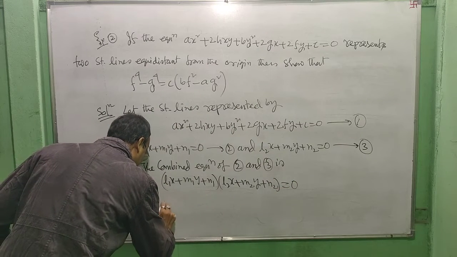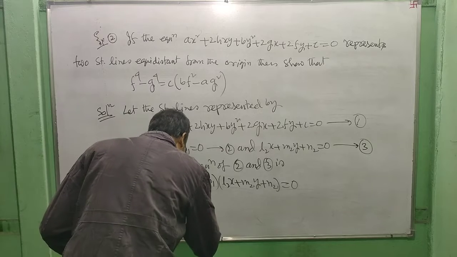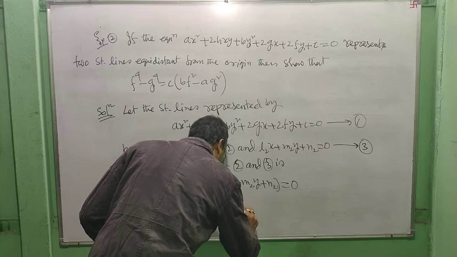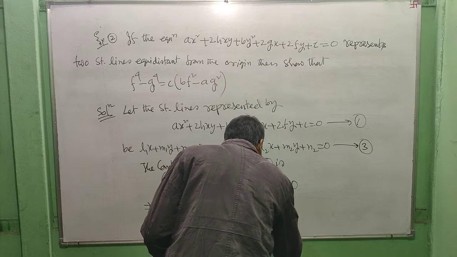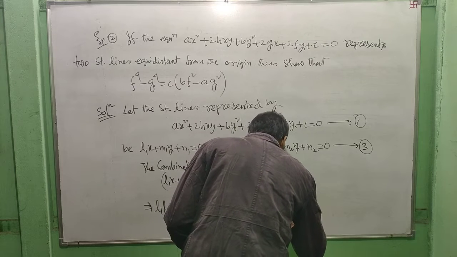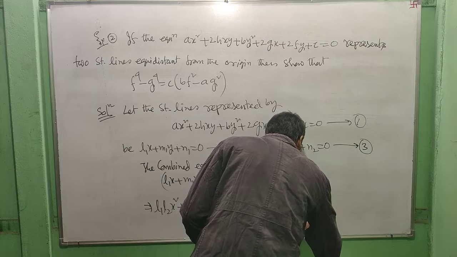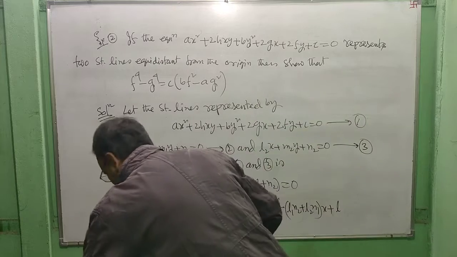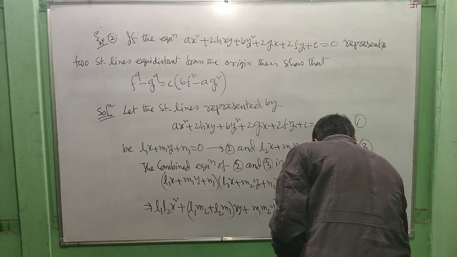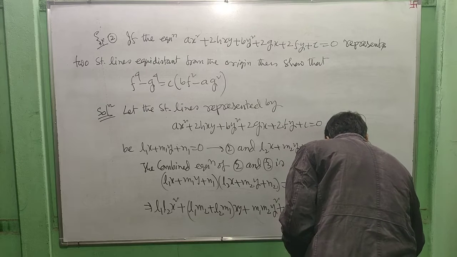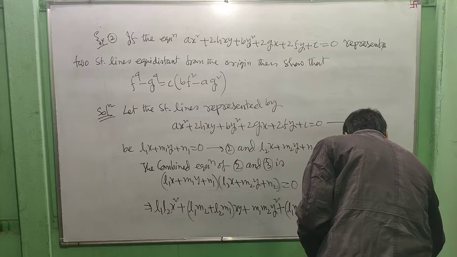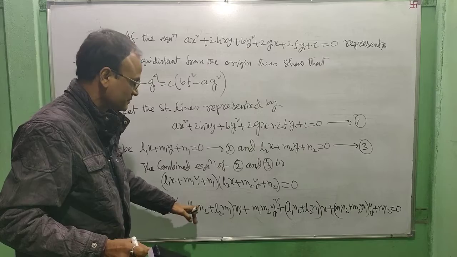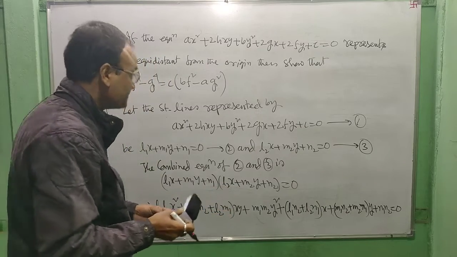This means L1 L2 x square plus L1 M2 plus L2 M1 xy plus M1 M2 y square plus L1 N2 plus L2 N1 x plus M1 N2 plus M2 N1 y plus N1 N2 equal to 0. Just multiply this and this, you will get this.